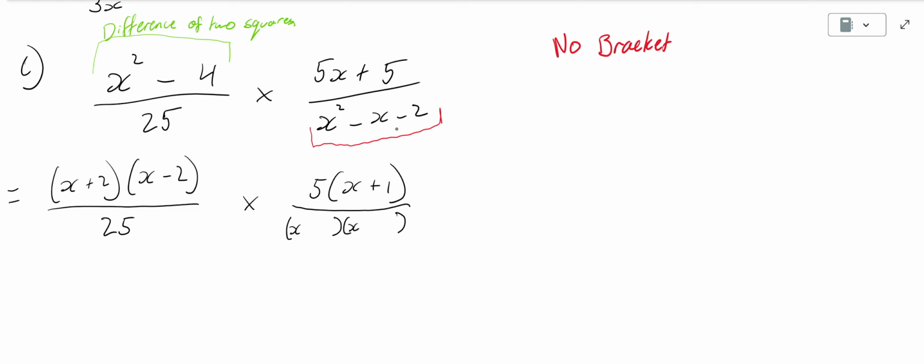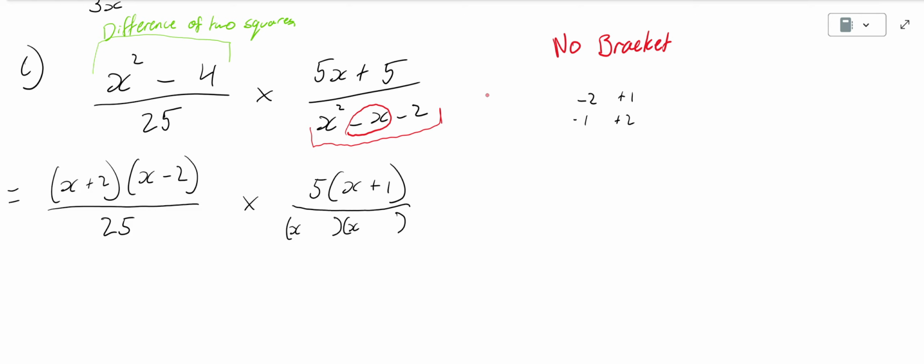Then the factors of negative 2 are negative 2 and positive 1, or negative 1 and positive 2. How do we know which one is the correct answer? Well, we need to have a look at the middle term here, which is a negative x.